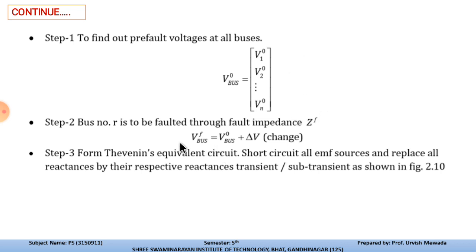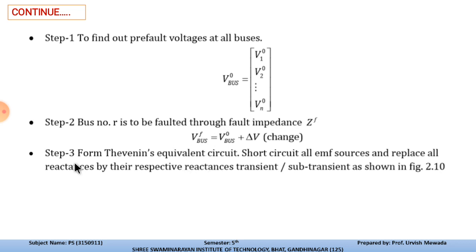Now the bus voltage at fault, we can determine as V bus 0 plus delta V, meaning the change in the voltage. By using this formula we can determine the fault voltage at any of the buses, or we can say where the fault will occur.